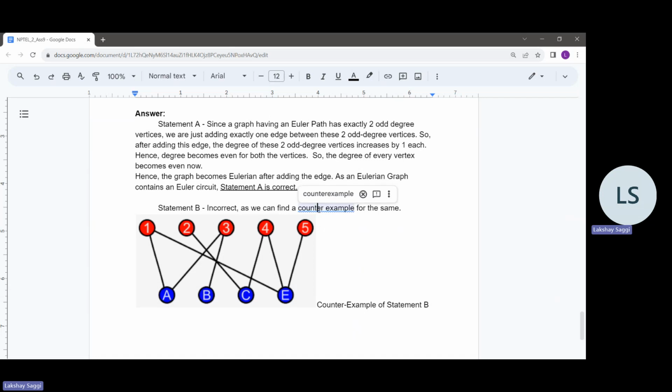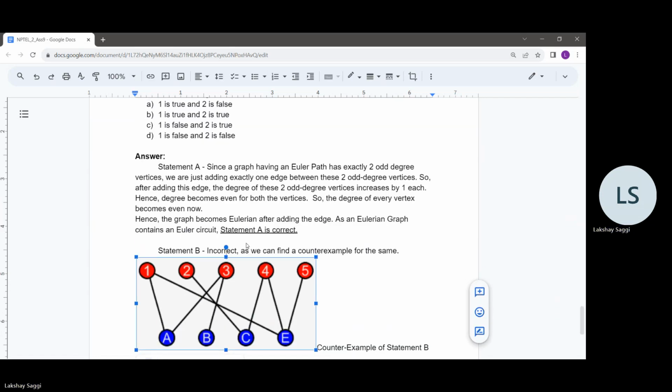As we had already discussed, this graph has a vertex chromatic number of 2, right? Because this is a bipartite graph, and one side can be colored with red color and the other side can be colored with blue color. So the vertex chromatic number for this graph is 2.